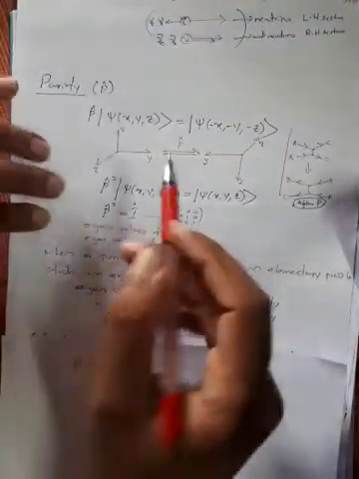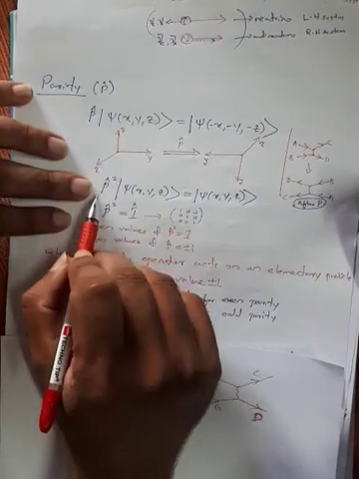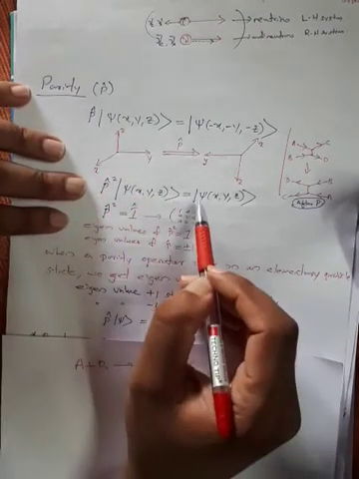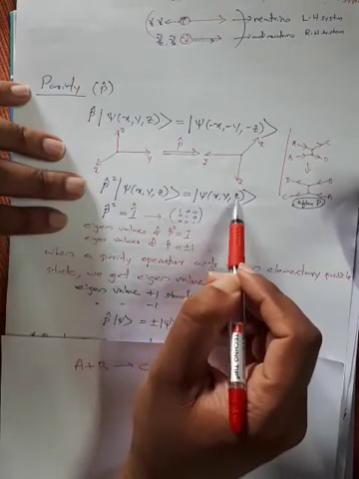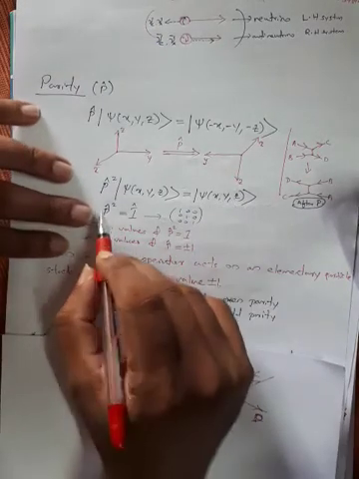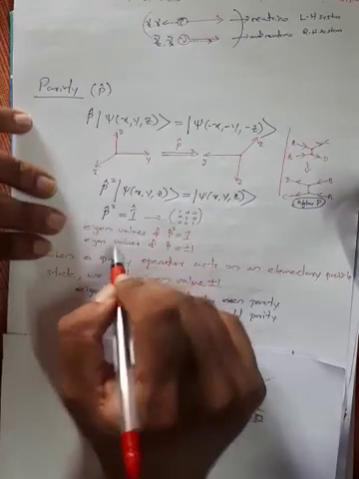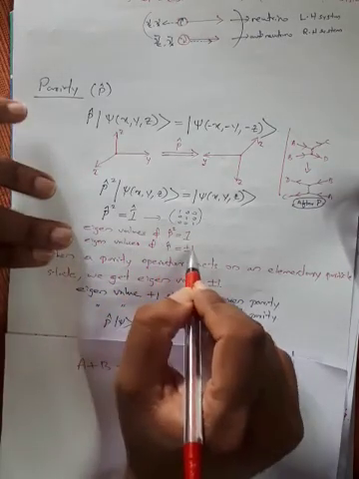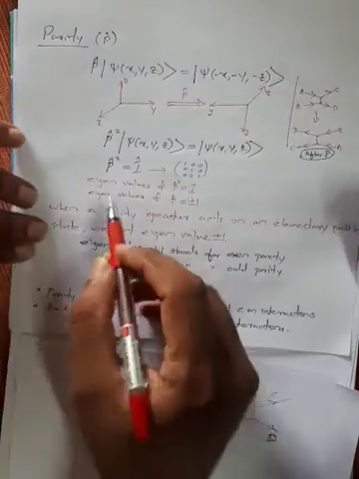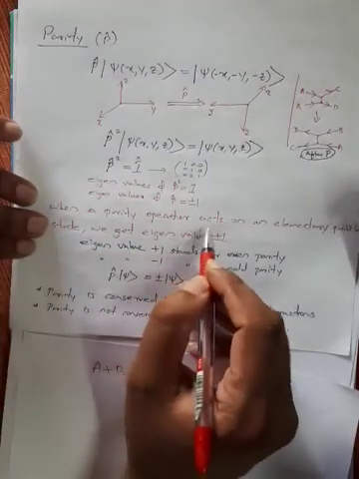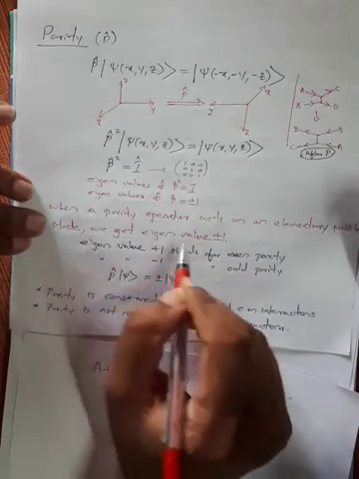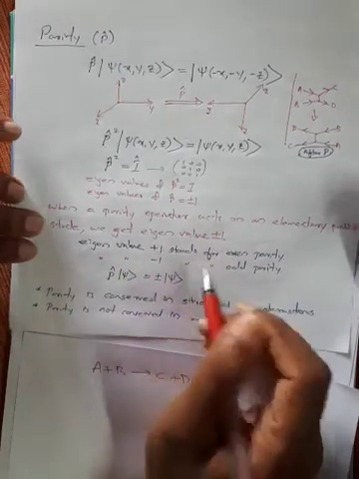Now we will look at what happens if you apply it one more time. P square will lead to again psi of x, y, z, and P square is equal to I, and the eigenvalue you will get is 1, and the eigenvalue of P is plus or minus 1. When a parity operator acts on an elementary particle state, we get eigenvalue plus or minus 1.